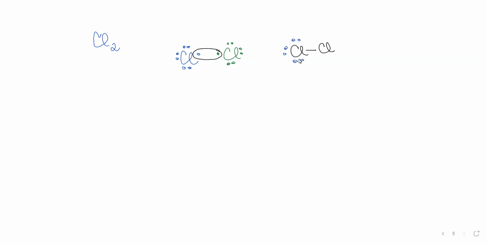Chlorine on the left still has its remaining valence electrons, and chlorine on the right has its remaining valence electrons. So what do we call the valence electrons that are not shared? These electrons are called lone pair electrons.